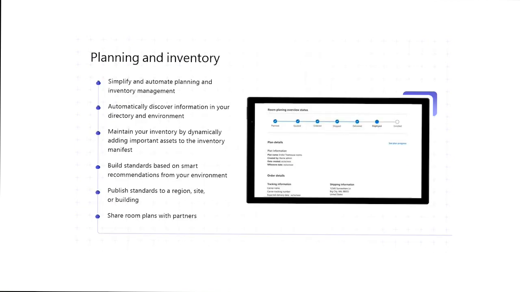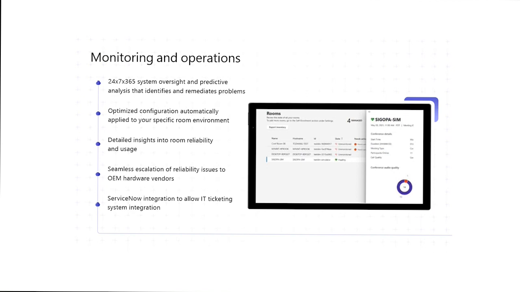On the planning and inventory side, again, we'll show a little demo here, but you have this ability to go see at a really granular level what's happening inside your rooms. Maybe we'll skip this. I'll show a brief demo of it. Reporting and operations, and knowing that this AI and this tool is going 24/7, 365 is super important, and again, that we're in a more proactive versus a reactive posture as it relates to support.